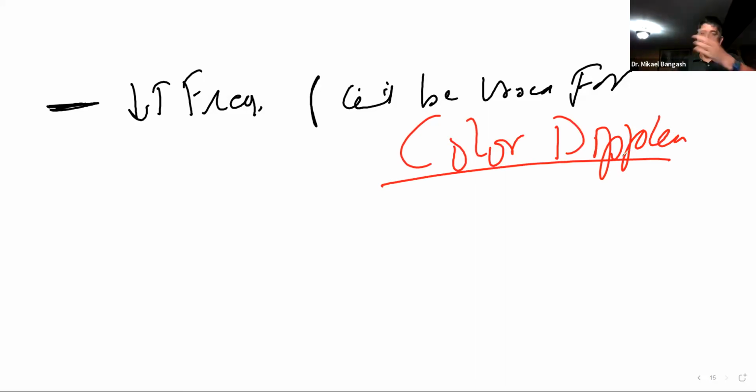So if you're having aliasing in color Doppler, reducing your transducer frequency is not going to be an ideal method of getting rid of aliasing. Just keep that in mind, girls.